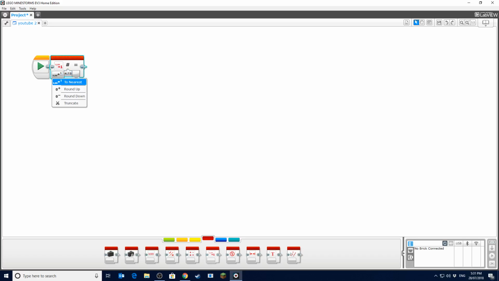To the nearest is to the nearest number that isn't a decimal. Round up is rounding up. Round down is rounding down. And truncate is getting rid of a certain number of decimals. So this is the input, the number that you're truncating.